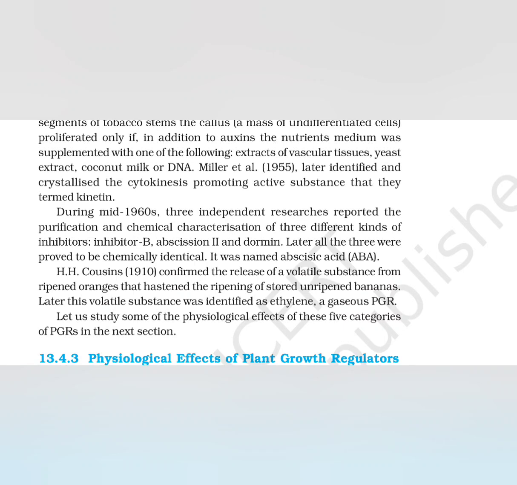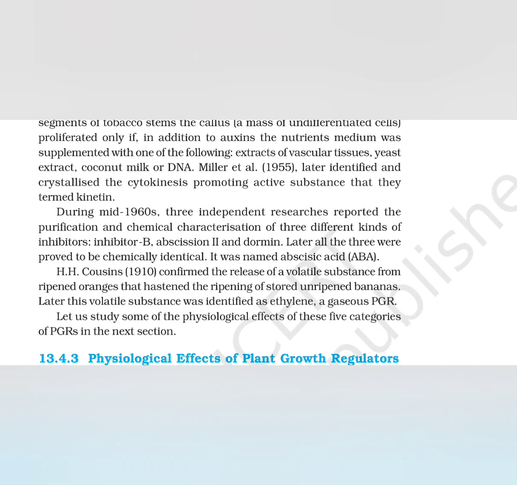During the mid-1960s, three independent researchers reported the purification and chemical characterization of three different kinds of inhibitors: inhibitor B, abscission II, or dormin. Later all three were proved to be chemically identical. It was named abscisic acid, ABA.